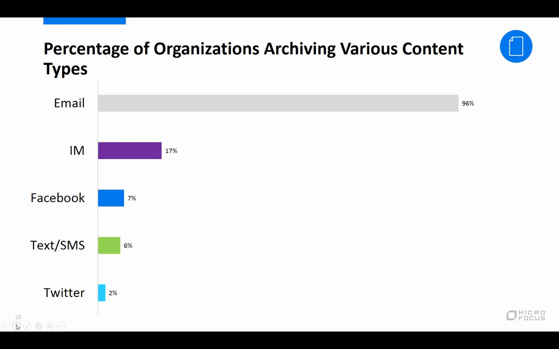What's interesting as well is that most organizations understand the need for archiving their email, and of course, with enterprise messaging, that is included. But a lot of organizations may understand the need for other types of communication, but they're not currently archiving it. And that's where having a solution where you can obviously archive email but have additional forms of communication that can be archived is essential to your overall communication plan.